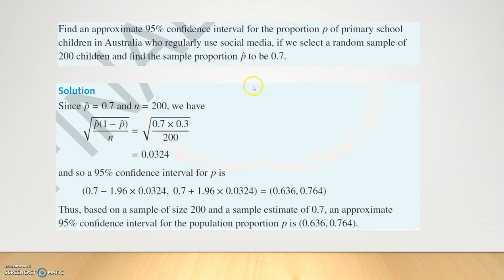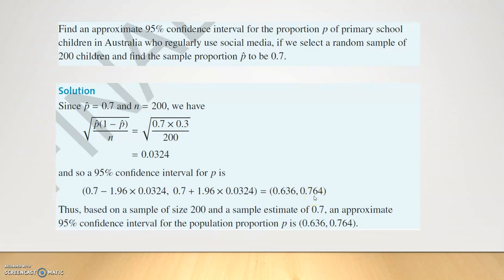Here is the solution. With a sample size of 200 and a sample proportion of 0.7, my standard deviation is now much smaller. It's 0.0324. So the 95% confidence interval calculated using the same formula is now 0.636 to 0.764.